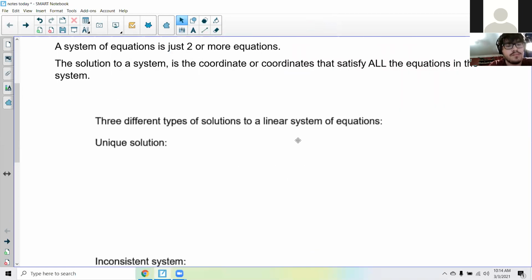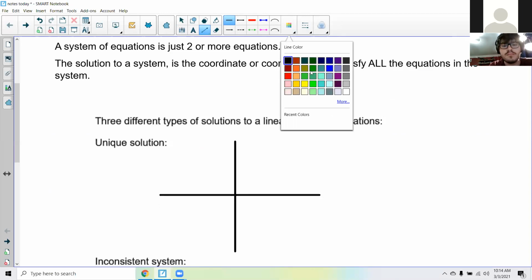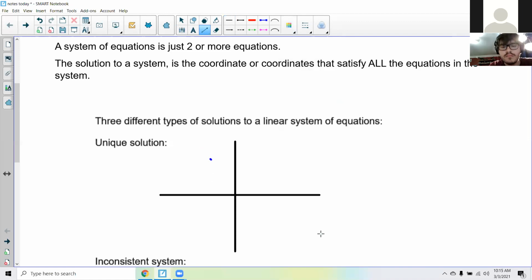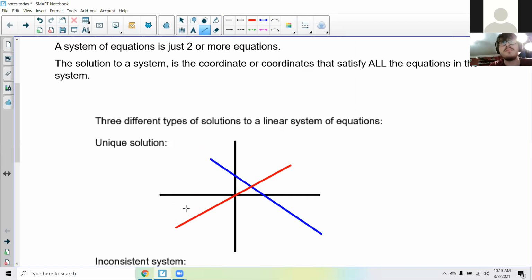The first one is called a unique solution. That means there's only one coordinate that satisfies both equations. That's the standard: here's your coordinate plane, and here are your lines. First line will be blue, second line will be red. So I just have these 2 lines, 2 equations.